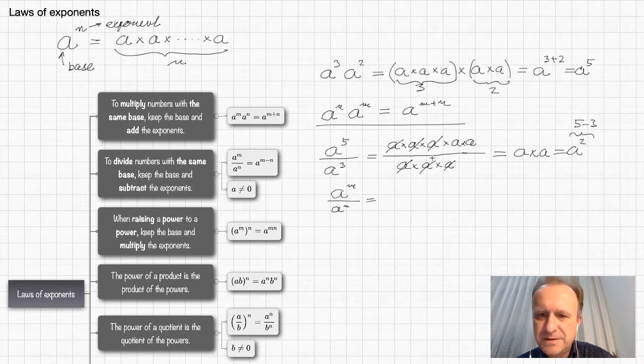And if you cancelled some of them, actually all of them which are in the denominator, you would end up with a to the power of m minus n, like you saw here in this particular example. Well, there is more to this law than seems at first sight. It may be interesting when m is less than n.